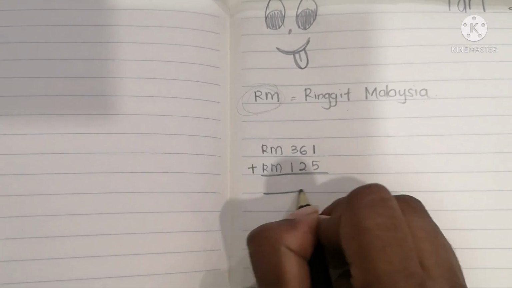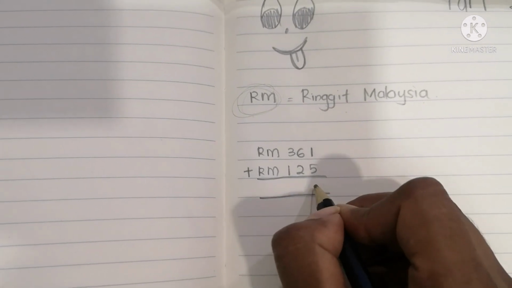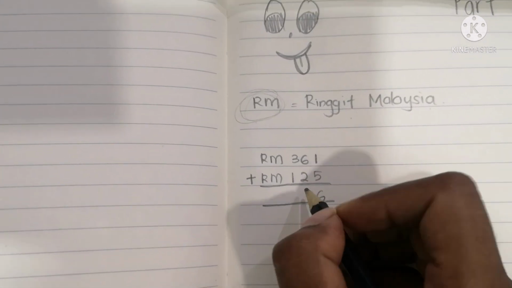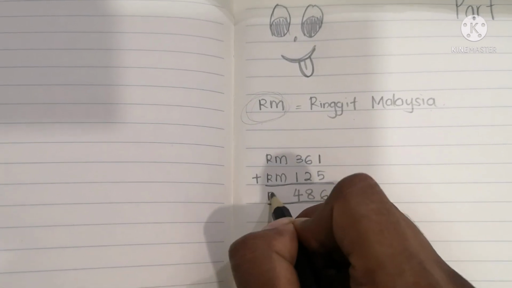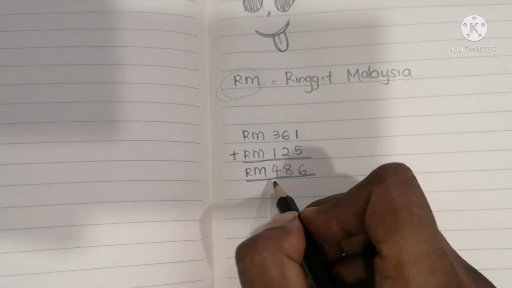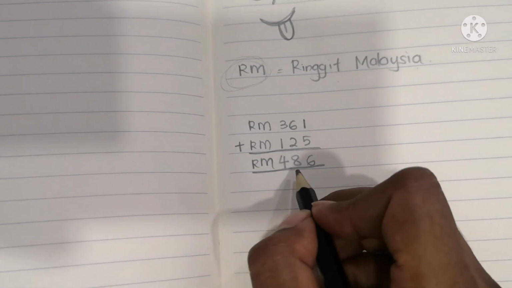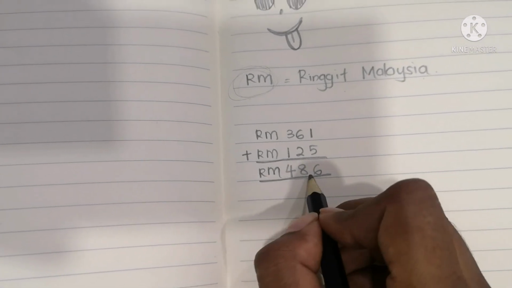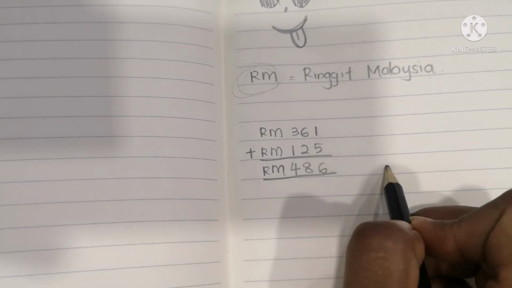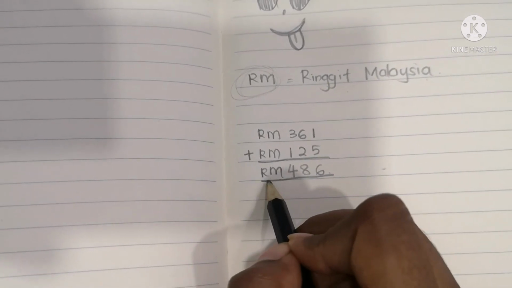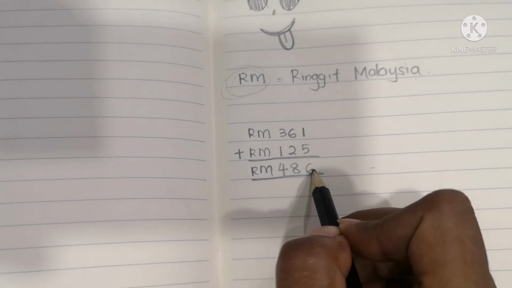So now you count. 1 plus 5, 6. 6 plus 2, 8. 3 plus 1, 4. And don't forget to write back the symbol. So RM486. RM486 ringgit. Or you can pronounce it as RM486.